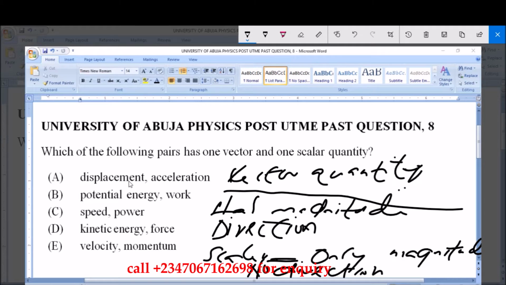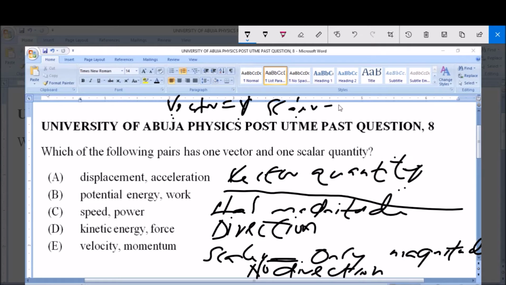It says displacement and acceleration. Now displacement is what? It has magnitude and direction, so it is a vector quantity. I will represent vector quantities by V and scalar quantities by S. So now displacement is a vector quantity.